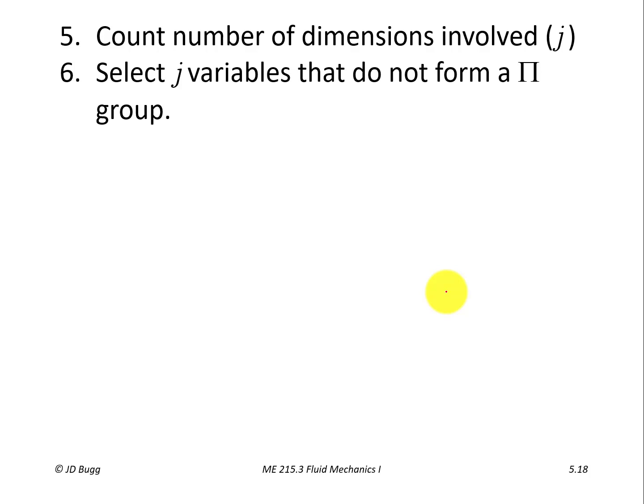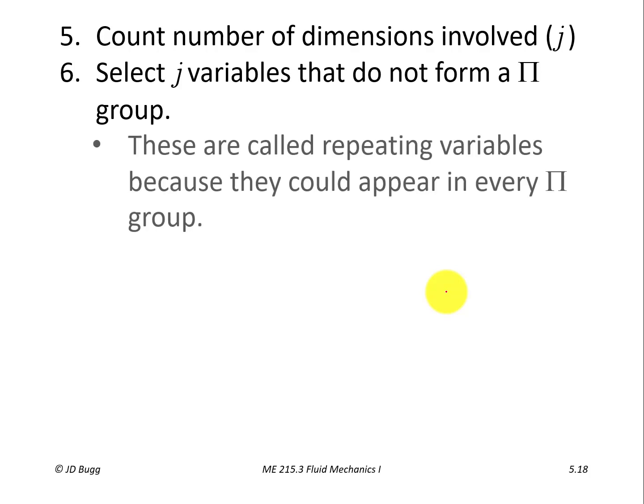So I'm going to illustrate in our example what happens if we make different choices at step 6. So this set of j variables is called the repeating variables. And notice the number of variables that we want to select in this stage is j, the number of dimensions that are involved in the problem. So we're selecting a set of j repeating variables.